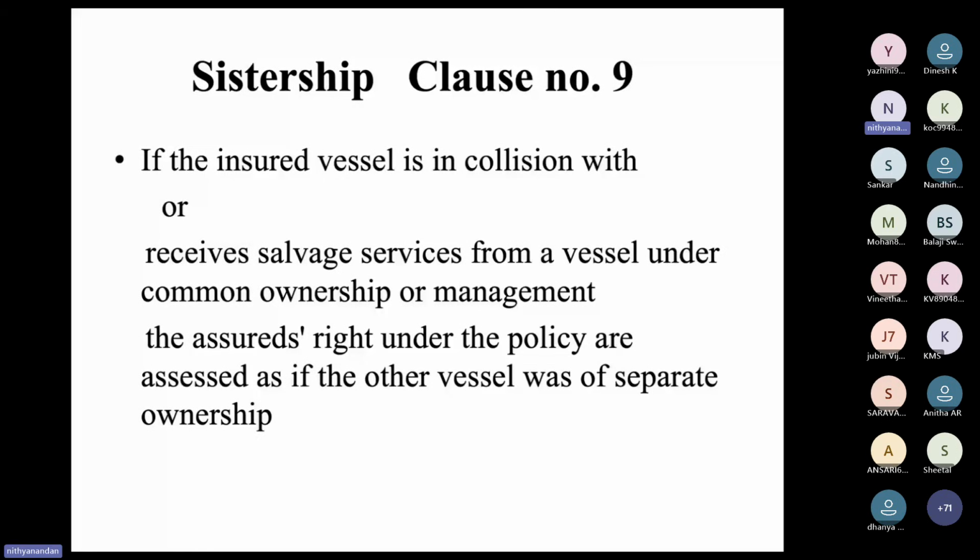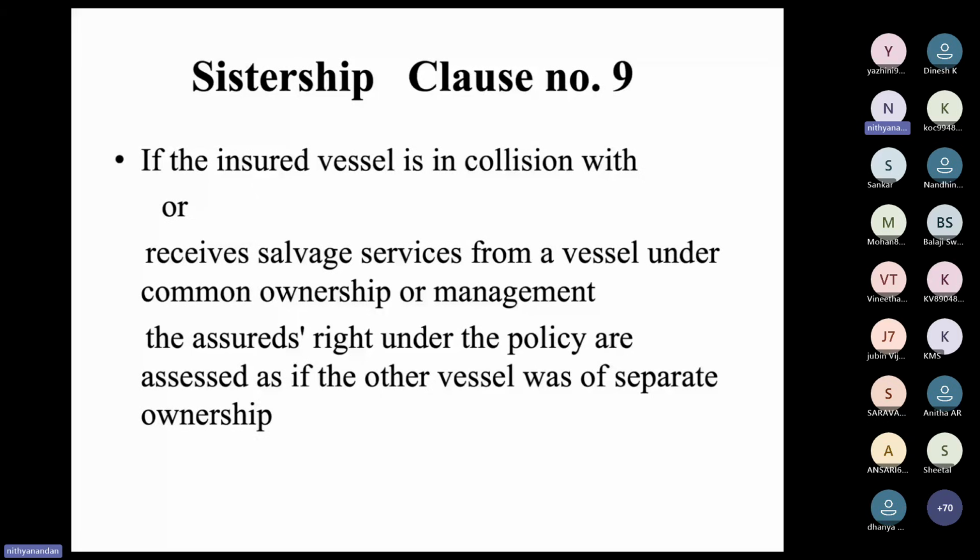Take the case where two ships belonging to the same person collide. There is no liability for the ship owner, because his own ship hits his own ship. If you compare some other provision in the fire policy, my own property hit by my own vehicle is not covered by the fire policy.